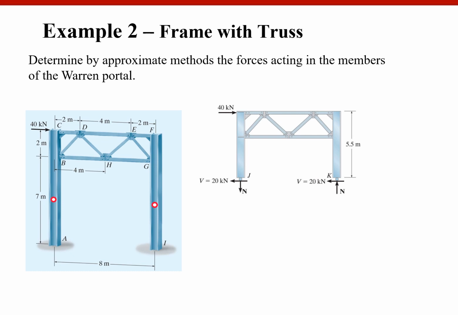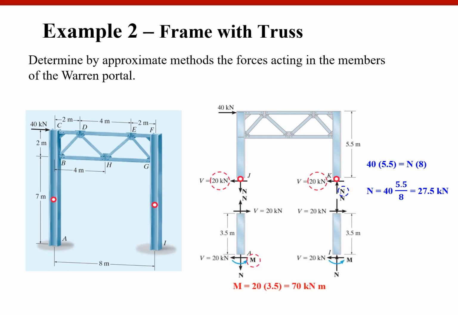Okay, if you take the upper half as your free body, then first of all, you are going to put half P. We have P of 40, so that 20 and 20 will be resisted by each column. And if you take moment about J or K, then you are going to find out your N value as such.